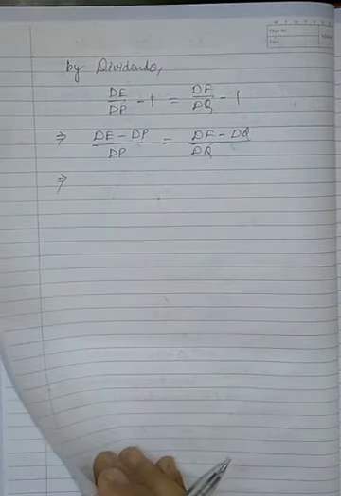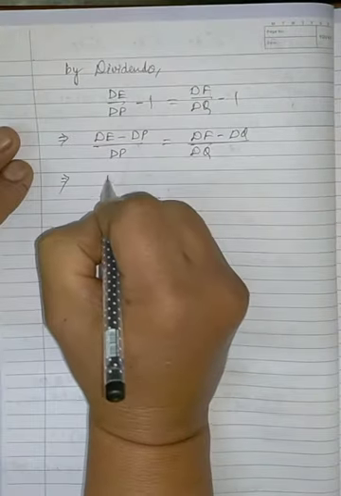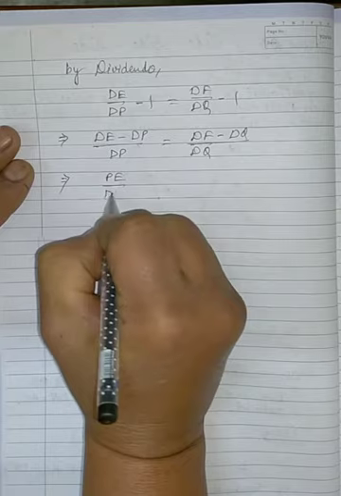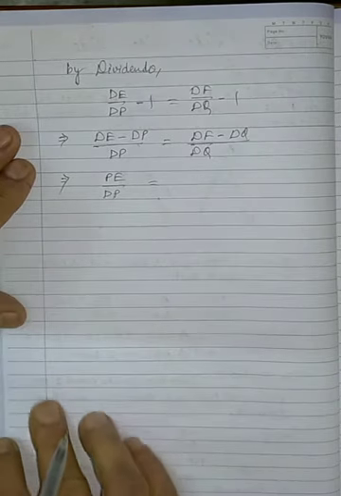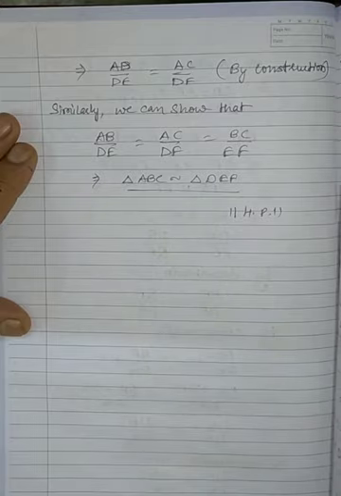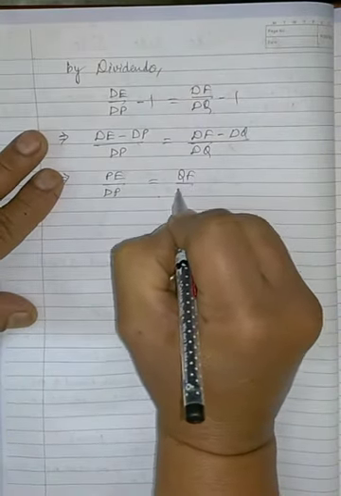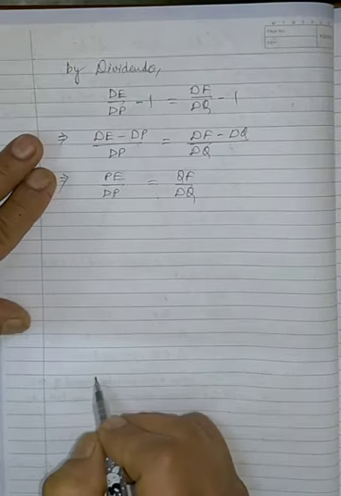So if we subtract DP from DE, we get PE. PE upon DP is equal to, and if we subtract DQ from DF, we get QF. So QF upon DQ.